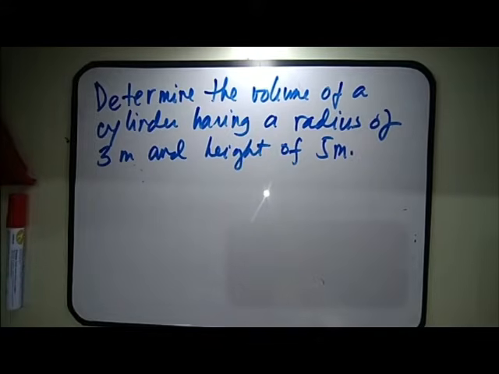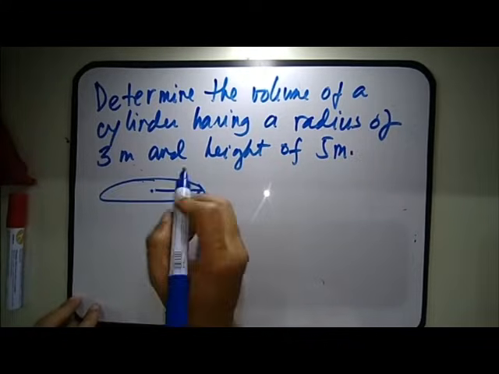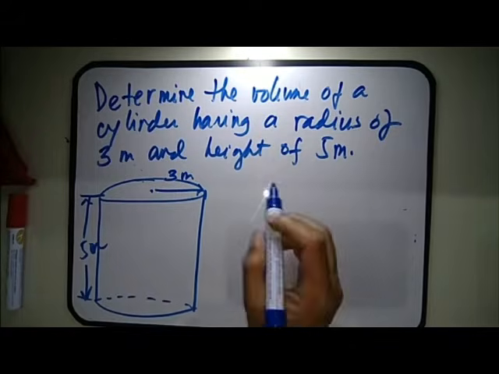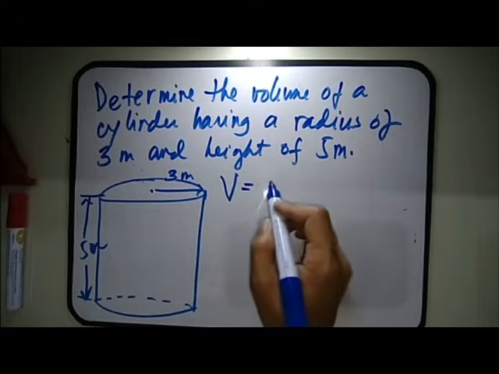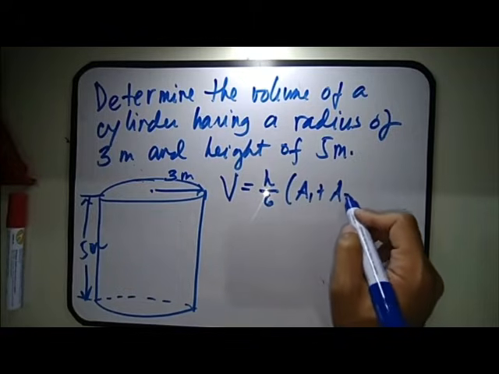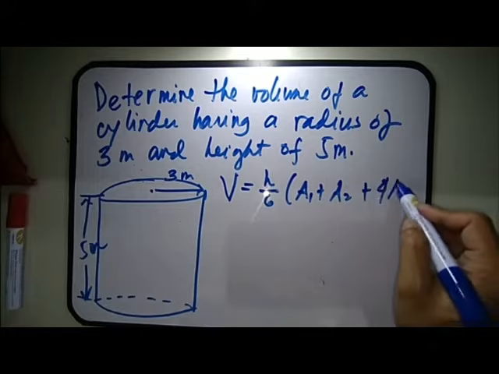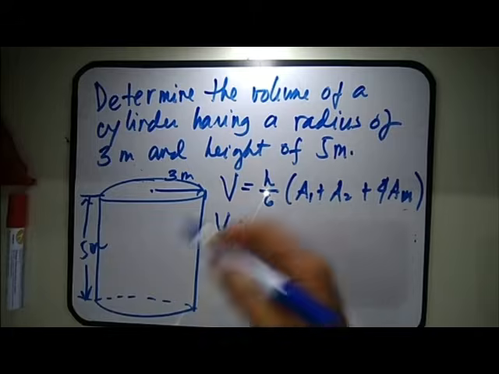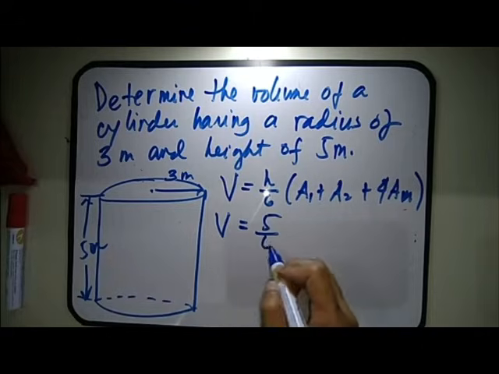So, we have here a cylinder. Its radius is 3 meters and the height is 5 meters. Let's use the prismoidal formula again. H over 6 times A1 plus A2 plus 4 times the mean area. So, volume is equal to H, which is 5 meters, over 6.